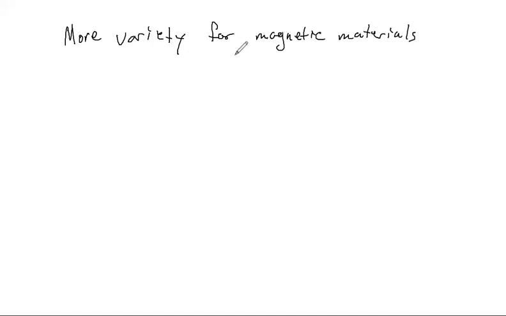However, magnetic materials are a little more complicated. There's more variety for magnetic materials, and there are three basic categories. Category one is called diamagnetic.